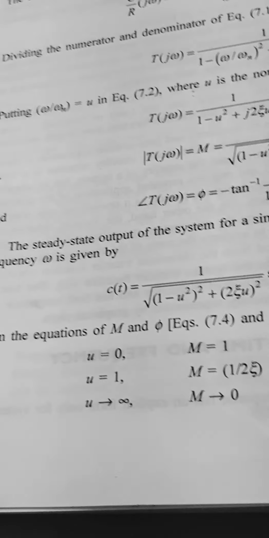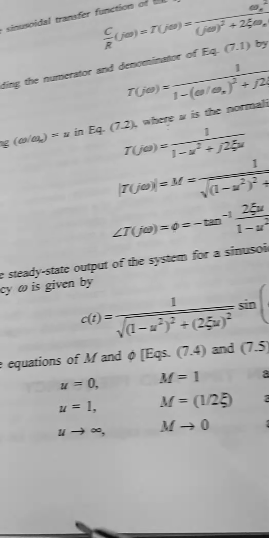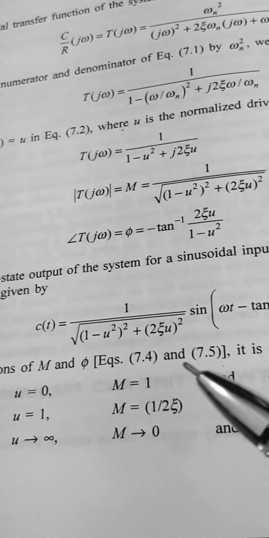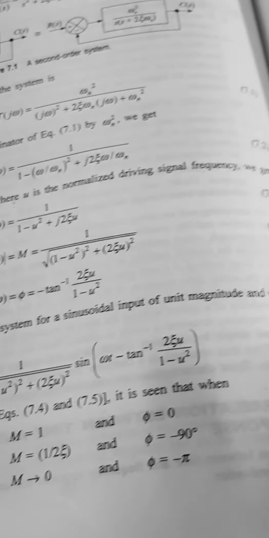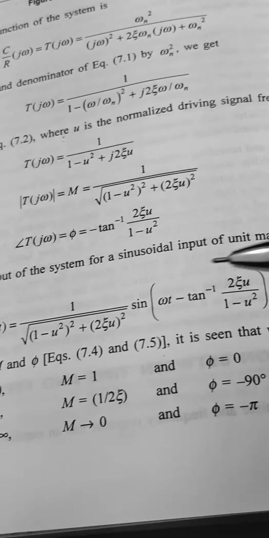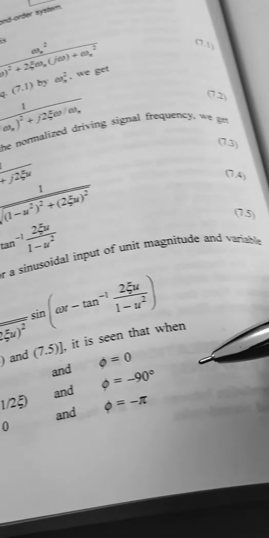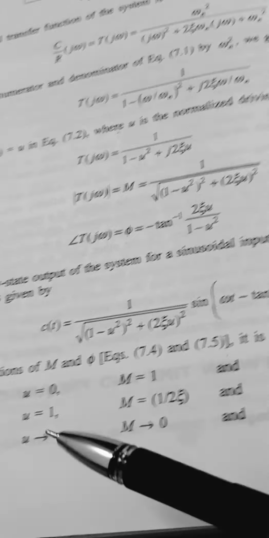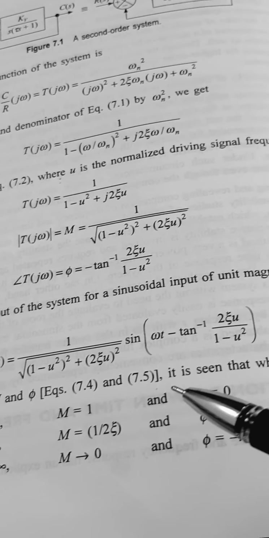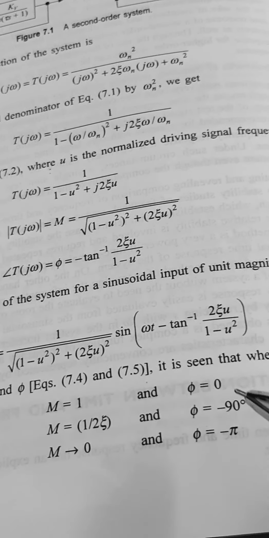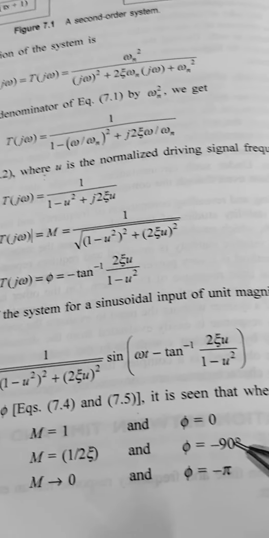Now from the equations of M and phi, that is 7.4 and 7.5, it is seen that when u is equal to 0, M is 1 and phi is equal to 0.